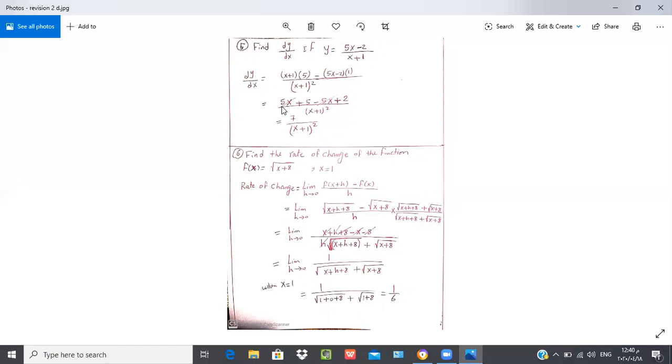So 5x cancels with 5x, and it will be 7 over this one. It's very easy, but I want to revise the division rule.